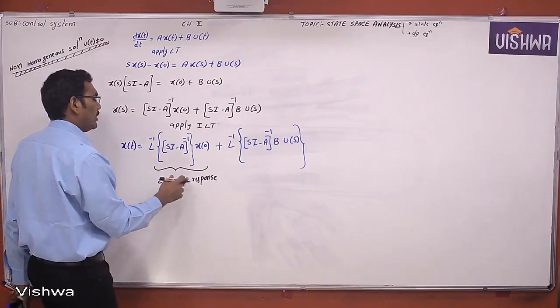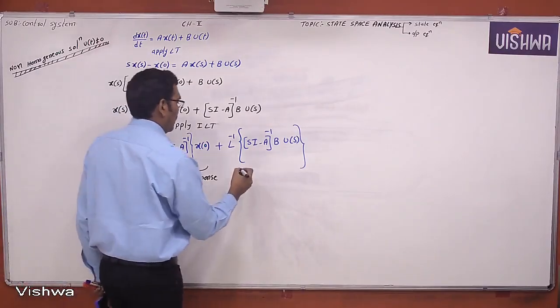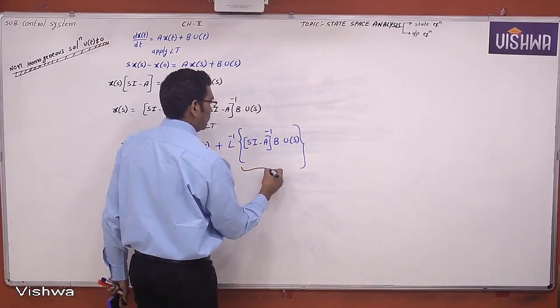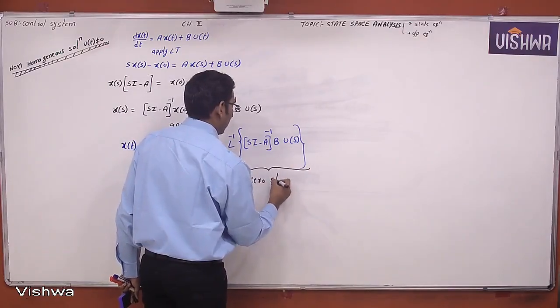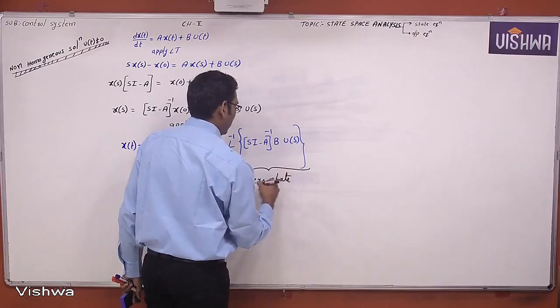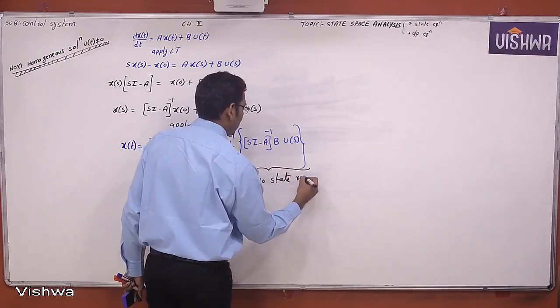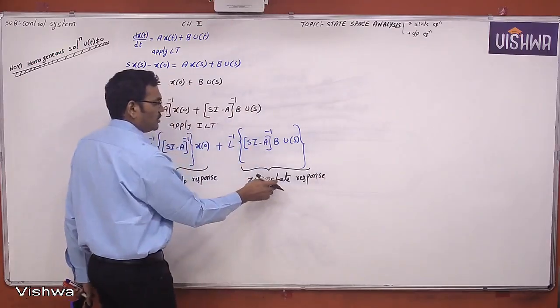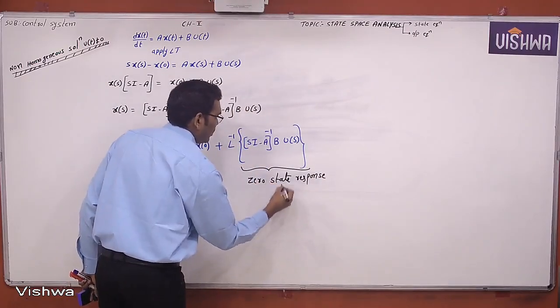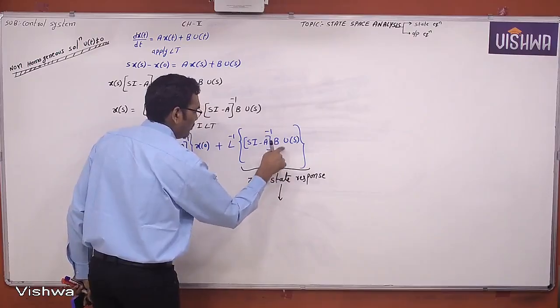This is a 0 input response, okay, and this is 0 state, means we are not taking the output equation, only state. This is the 0 state response. Now this is the 0 state response due to input. Here input is used, B is used.